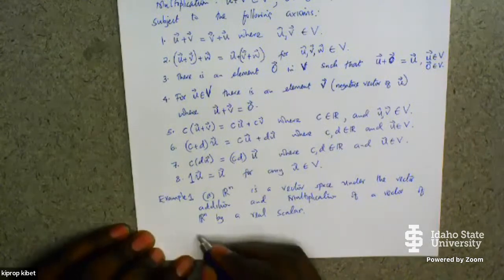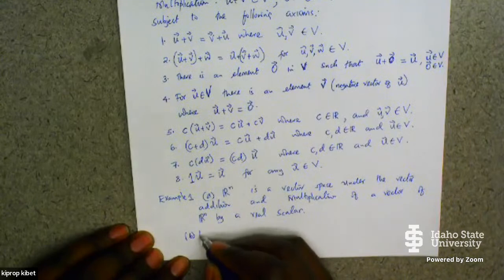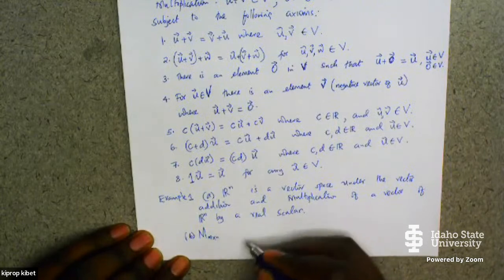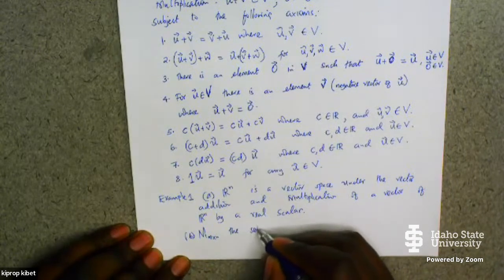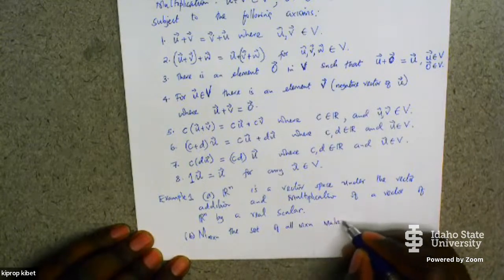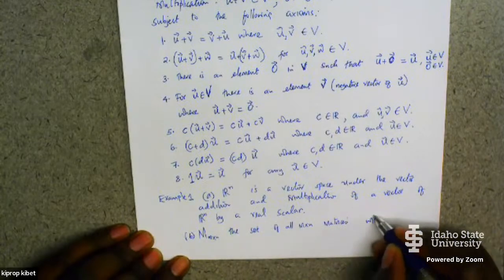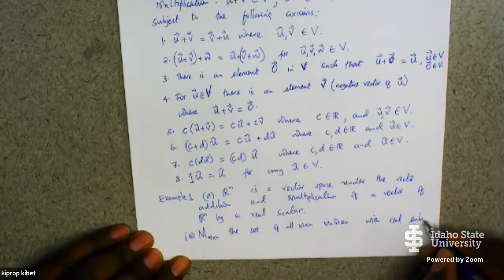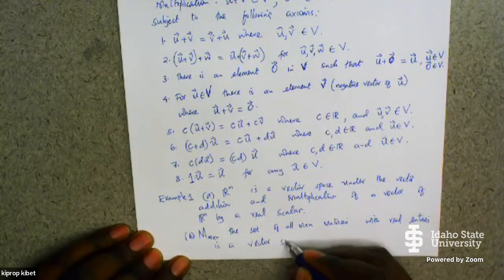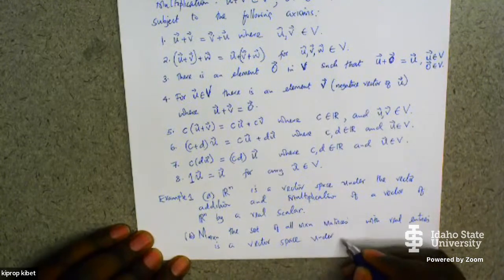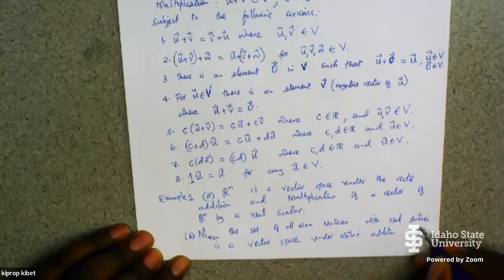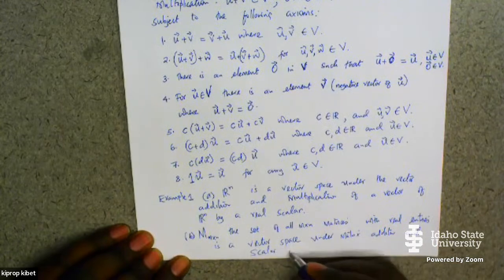Another one is number B, an M by N matrix. The set of all M by N matrices with real entries is a vector space under matrix addition and also scalar multiplication.